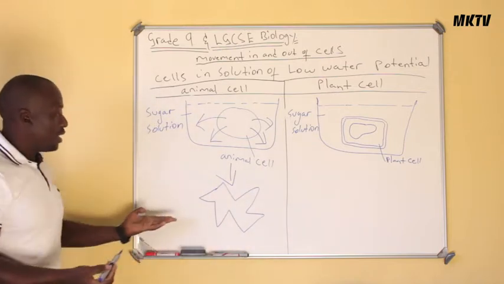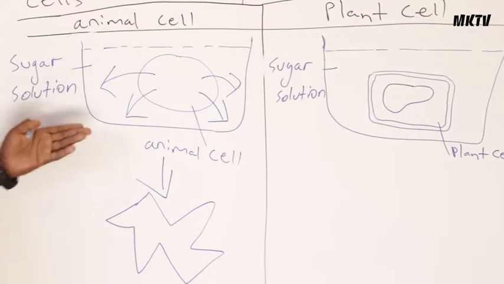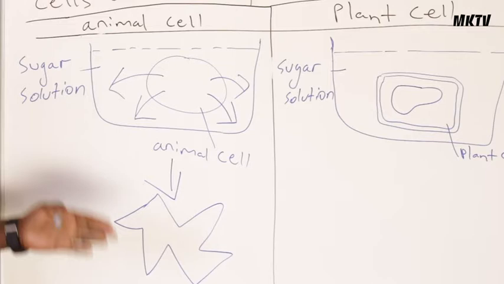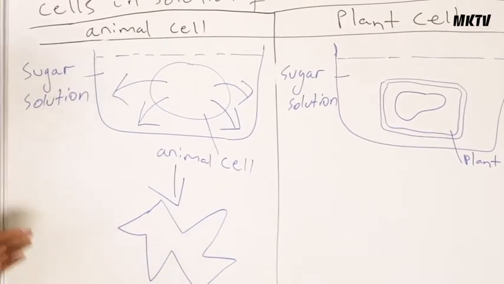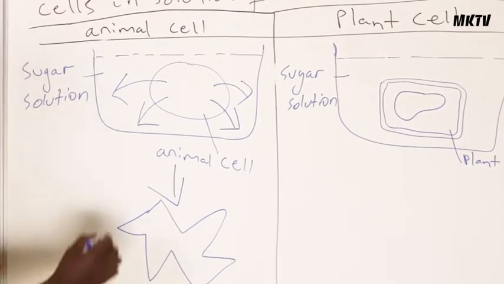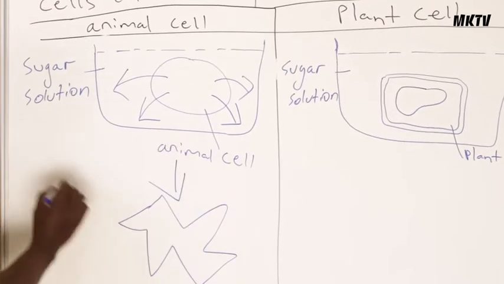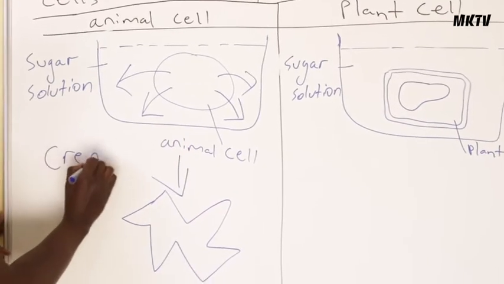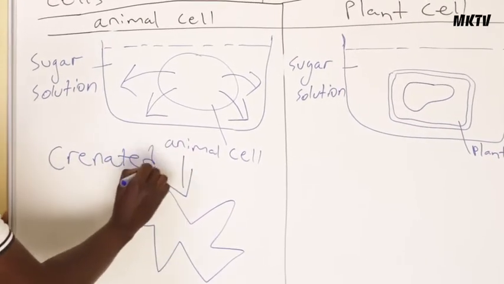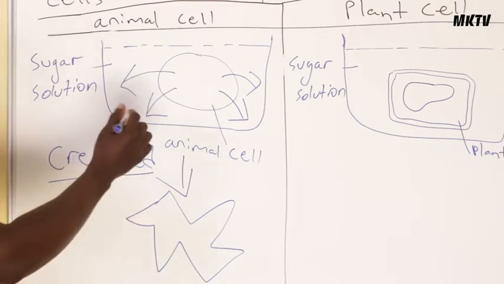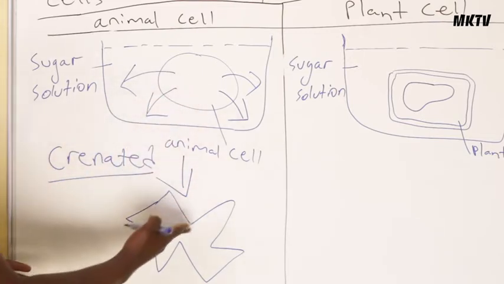By shrinking, it means it has lost water to the sugar solution. This shrinking of an animal cell is called crenation. Because the animal cell has lost water, it has crenated.